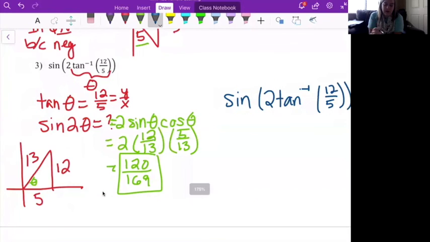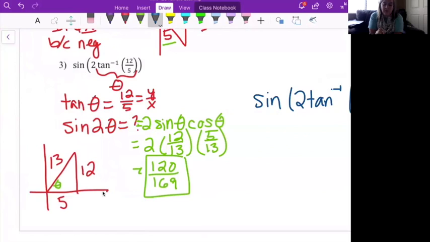So that lets us write that tangent inverse of 12 over 5 is theta, which means that tangent of theta is 12 over 5. And so then if we replace tangent inverse with theta, that's where we get the sine of 2 theta. And then we use our formula sheet to get the 2 sine theta cosine theta, and then we use our triangle to determine what that is.